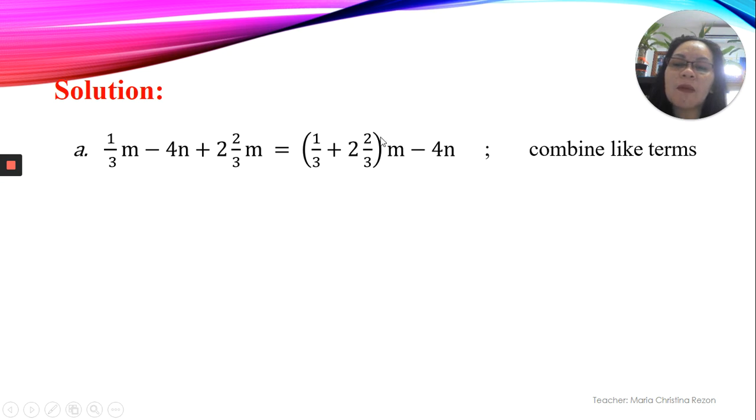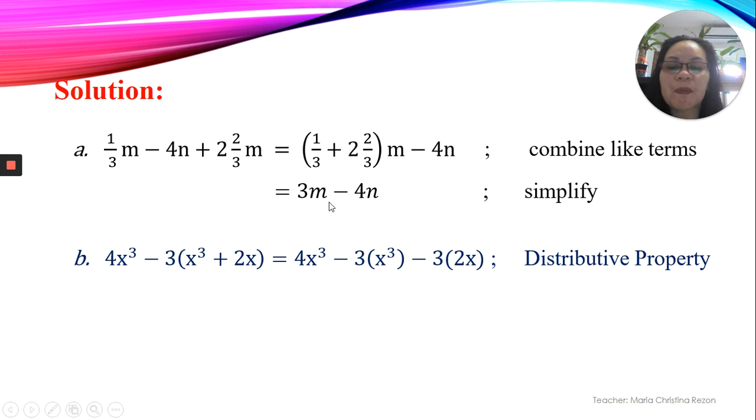How to combine them? We add their coefficients. So 1/3 plus 2 and 2/3 m is equal to 3m. Then just carry the 4n down. So you have 3m minus 4n.